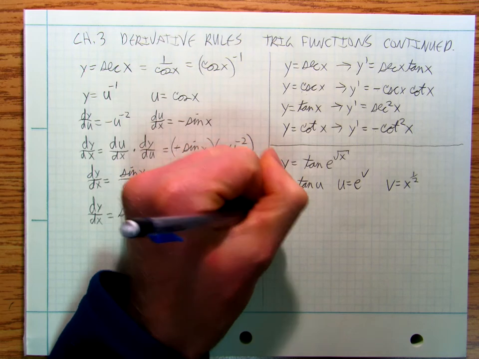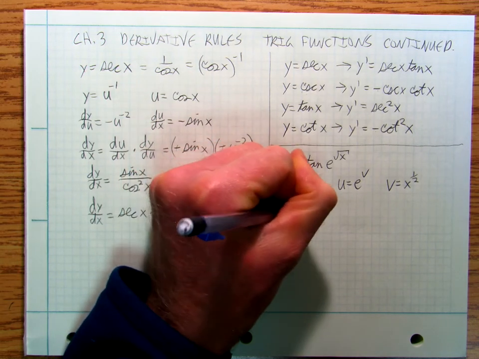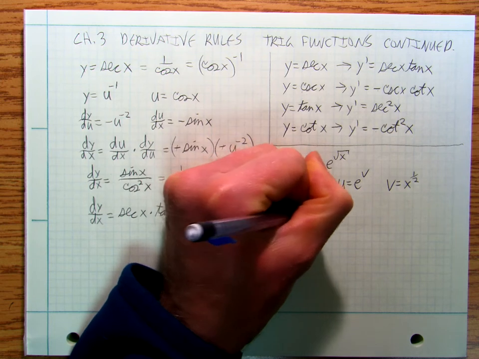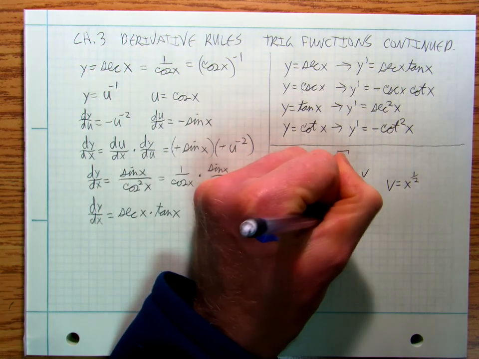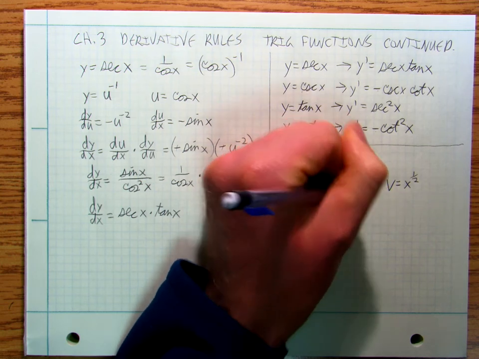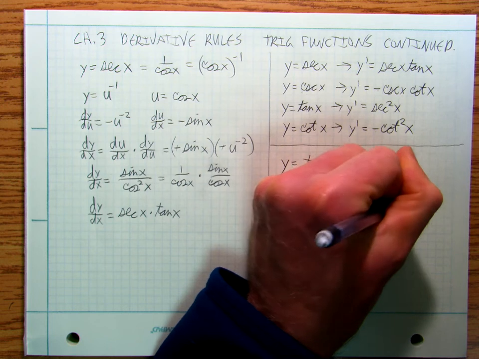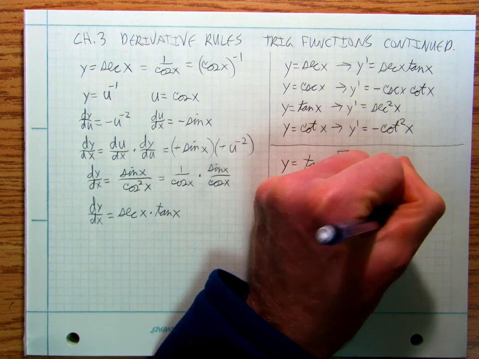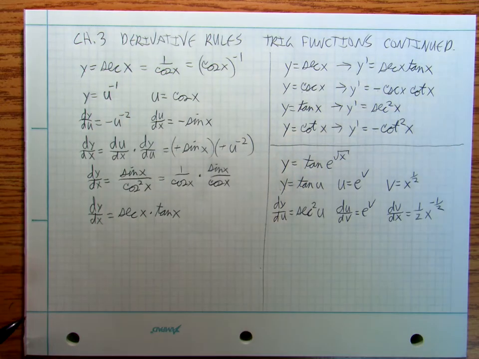So dy du is equal to secant squared u. du dv is equal to the derivative of e to the v, which is e to the v. And dv dx is 1/2 x to the negative 1/2.